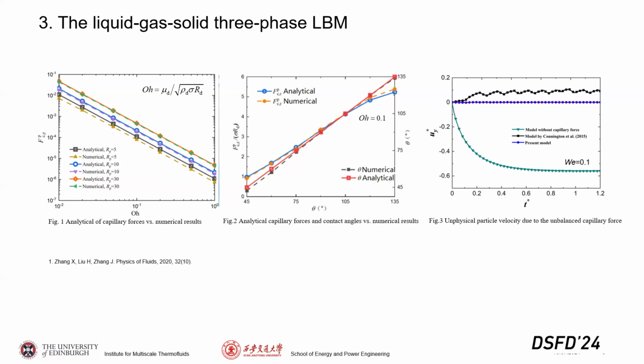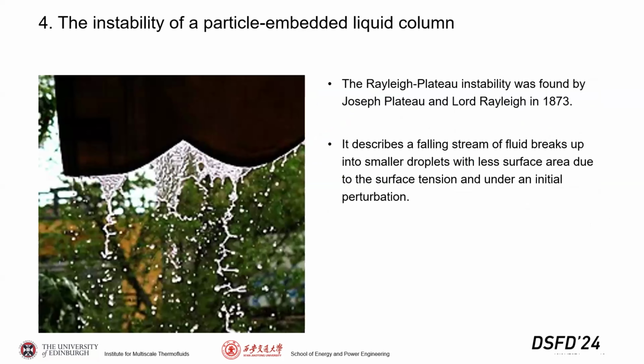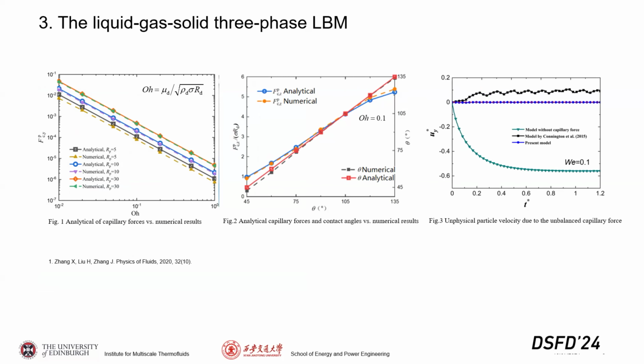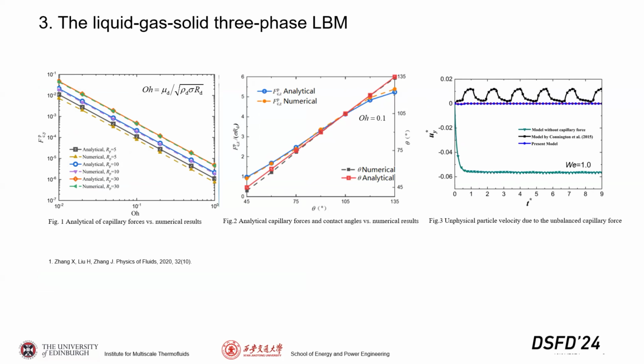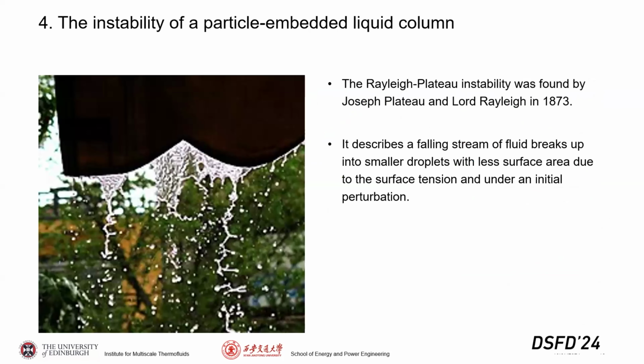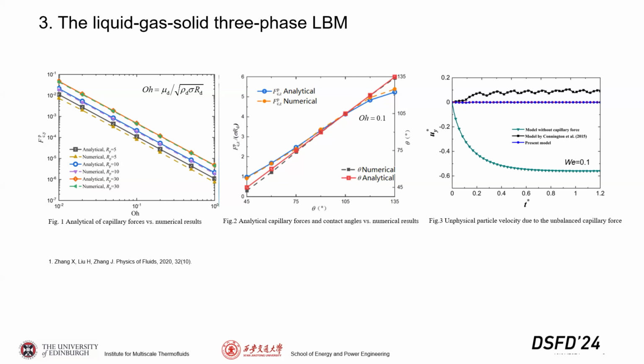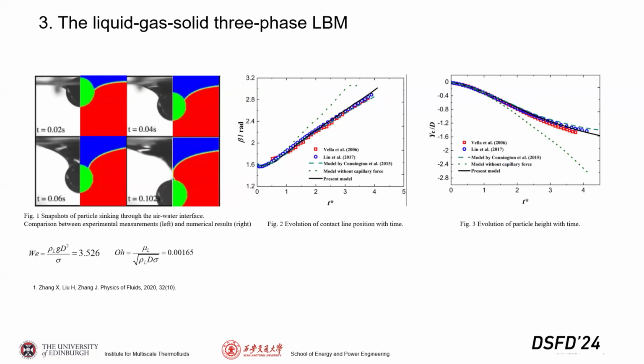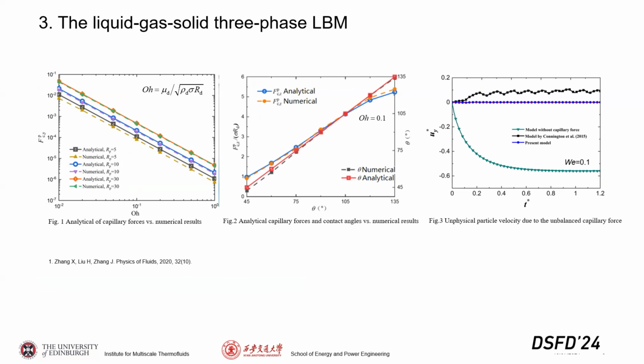But in our results, the velocity is very close to zero. Then we increased the surface tension by 10 times, and we can find that in our simulation, the unphysical velocity still stays very close to zero.